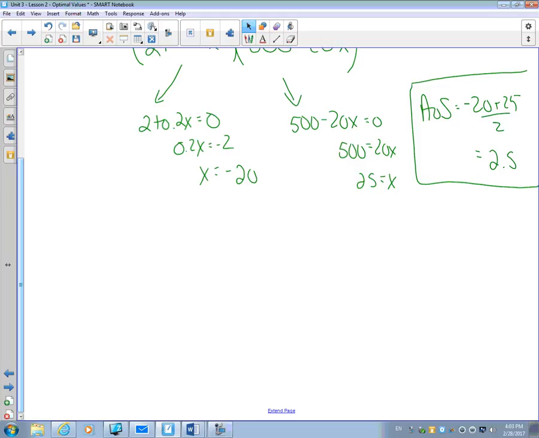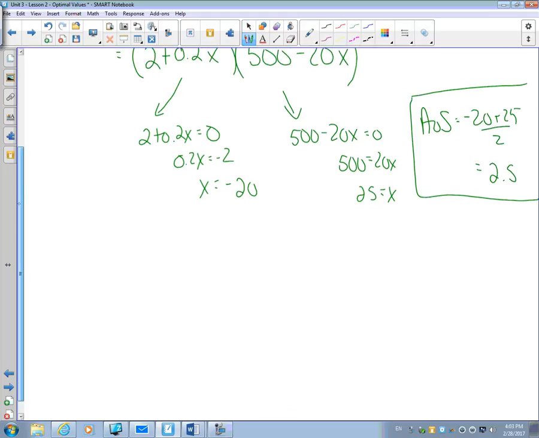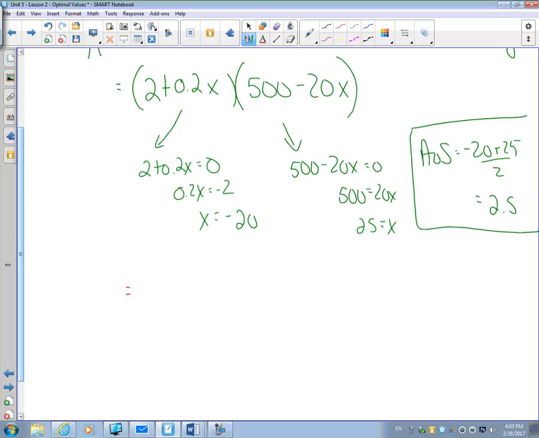If not, another option, this is option number 2, is I could FOIL. Okay, so if I FOIL my equation, I end up with 1,000 minus 40x plus 0.2 times 500, 100x, and 0.2 times 20 minus 4x squared.